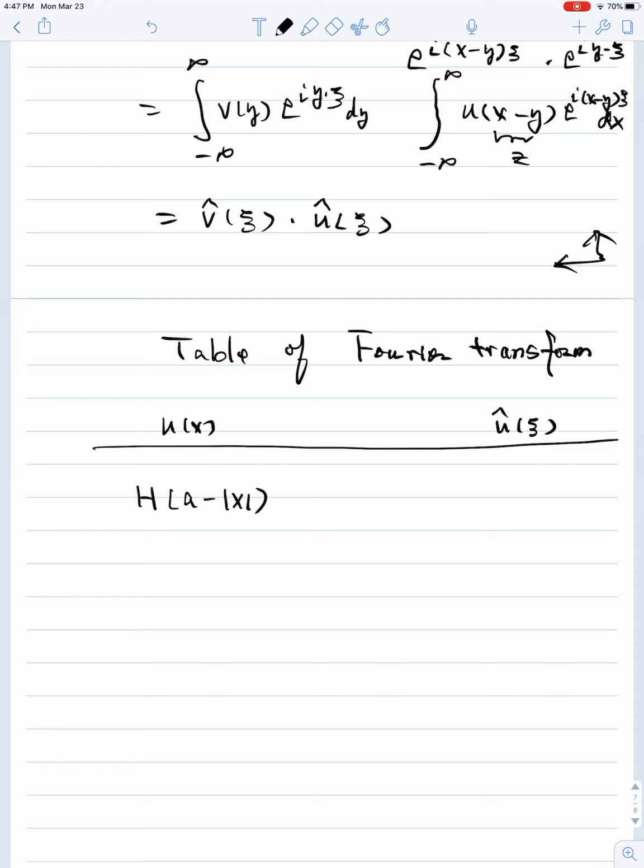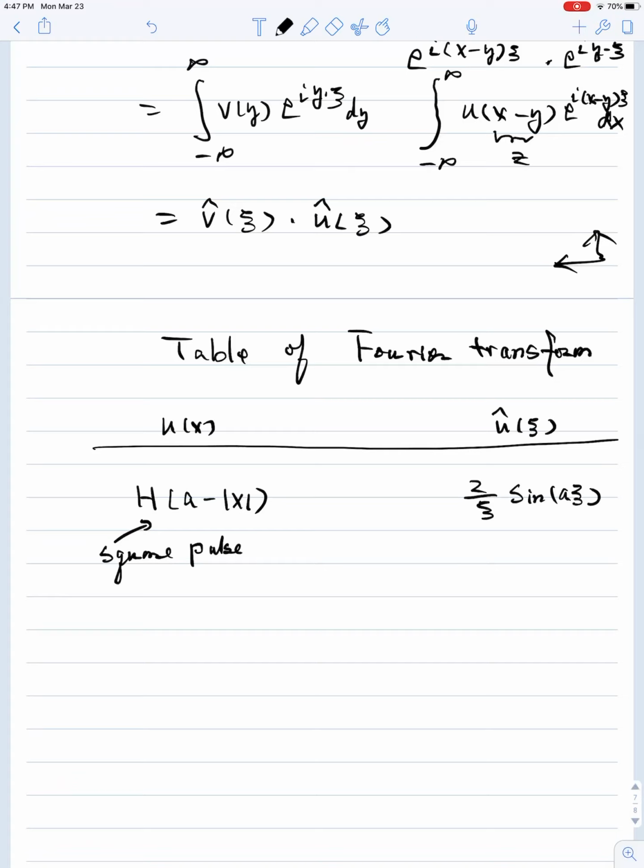Its Fourier transform is 2 sin(aξ) over ξ. This function here is what we call the square pulse function.